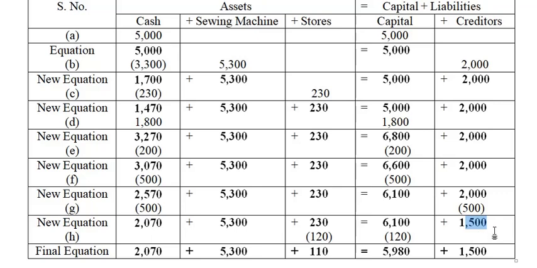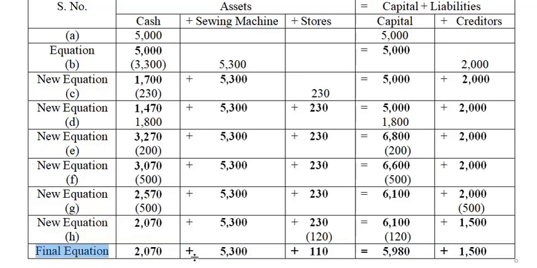Now the last point, that is H: stores used during the month, rupees 120. So stores will decrease and capital will also decrease. Because H was the last adjustment and there is no more adjustment given in the question, this is the last equation, so here we will write final equation.